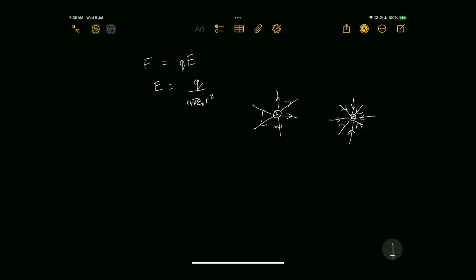When they are closer together, what does this mean? Stronger electric field. Right, so closer together means a stronger electric field, further apart means a weaker electric field.